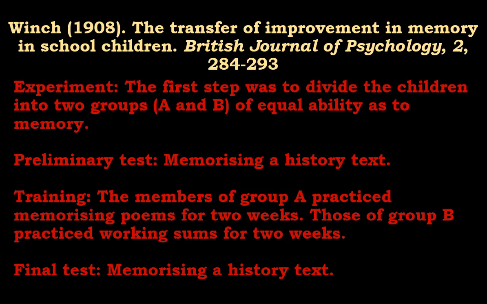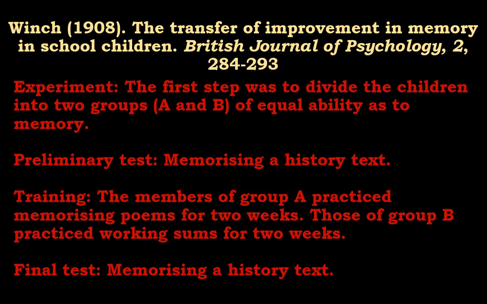So the idea is, is there a transfer from practice in memorization of poems into memorization of history texts. And so the control group will have the same characteristics. We said that the students will have the same memory capacity as a group, and they will differ in the training. So Group A will train in poetry, Group B will do some work in sums.